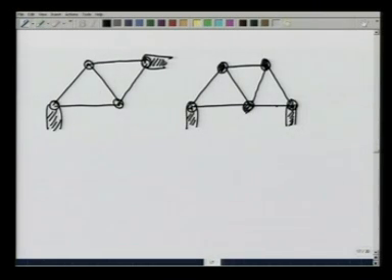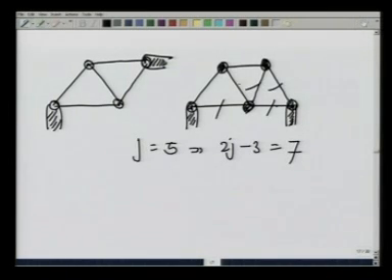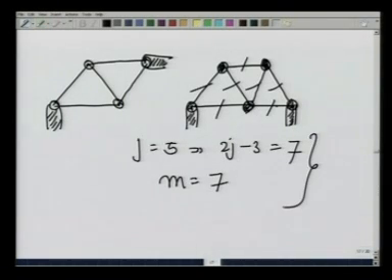Let us see if it is. Number of joints in this case is 1, 2, 3, 4, 5. So, j equals 5 implies 2j minus 3 is 7, and 1, 2, 3, 4, 5, 6, 7 members, and therefore, m, which is 7, provides that this is a statically determinate structure.